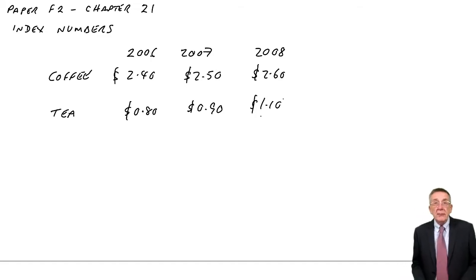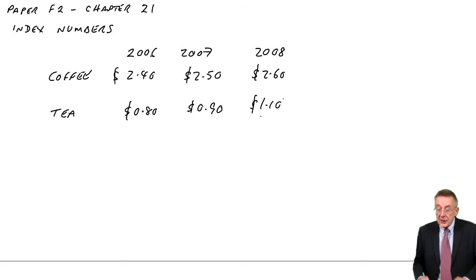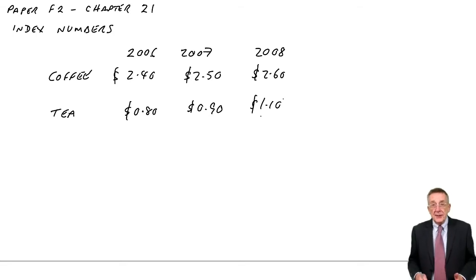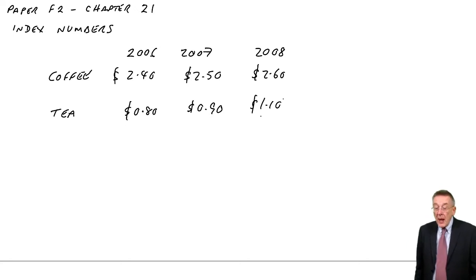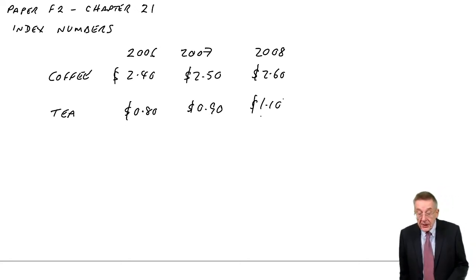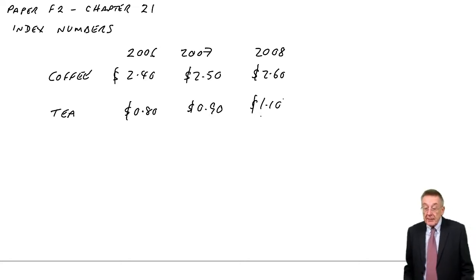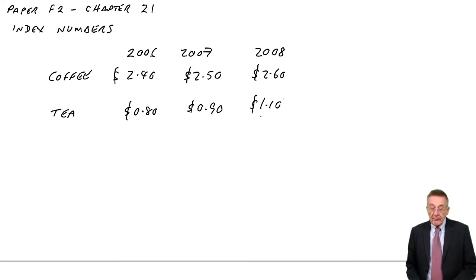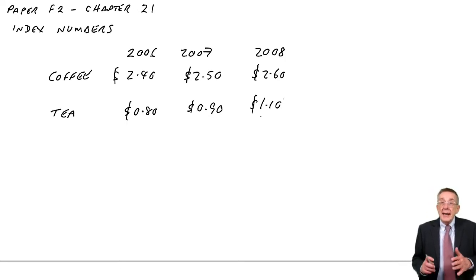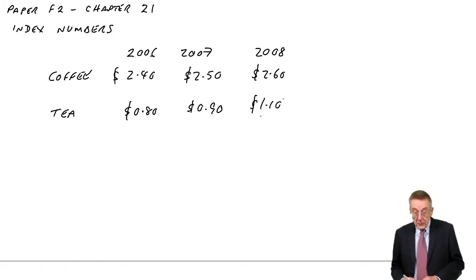Well, it's not immediately obvious which one is going up more, because obviously they started with different prices. Tea here is always cheaper than coffee, but which one went up the most in 2007? In percentage terms, which one went up the most in 2008? It's not immediately obvious. And so index numbers are used to be able to make it much clearer.